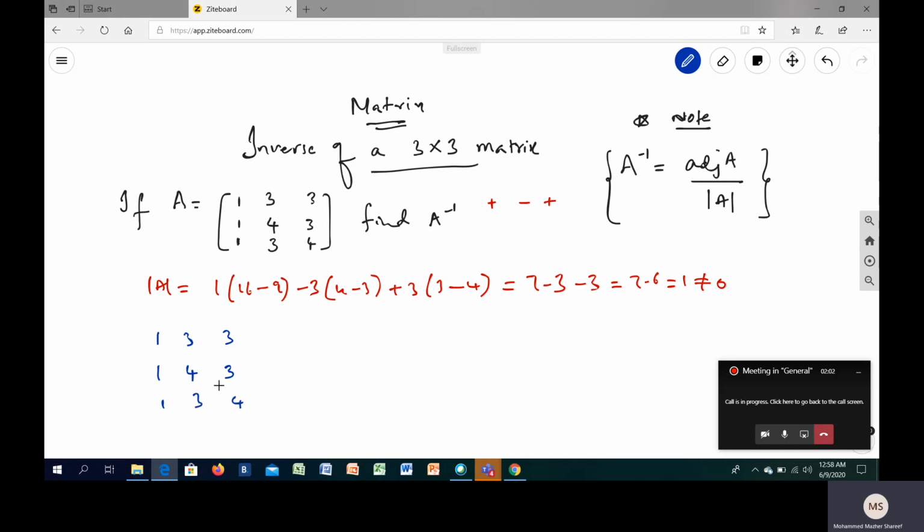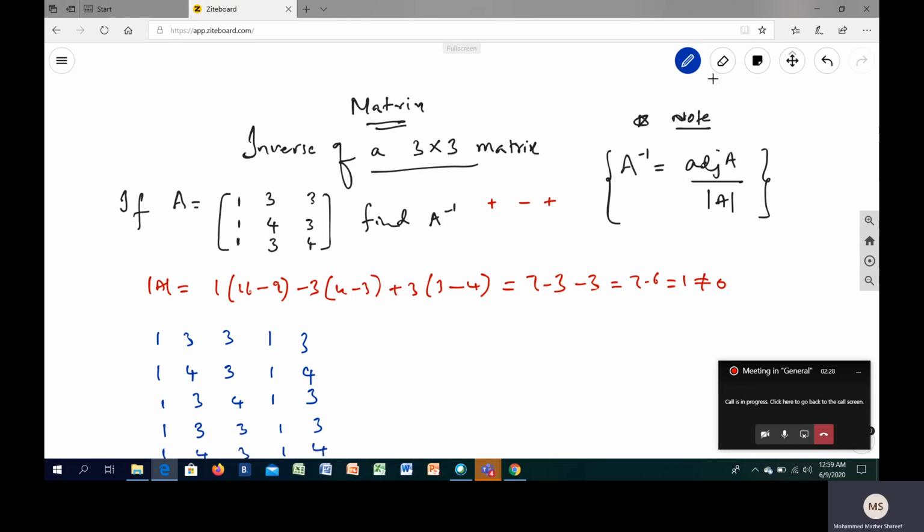Now I'll add 2 more columns by repeating the given matrix over here, and then I'll add the first and second rows below. So it gives me 1 3 3 1 3, and the next row 1 4 3 1 4.